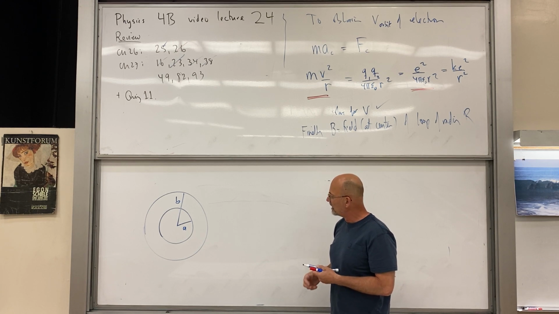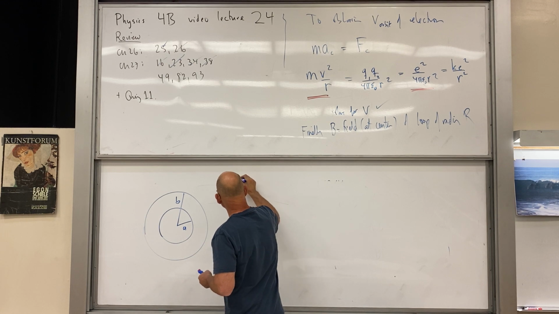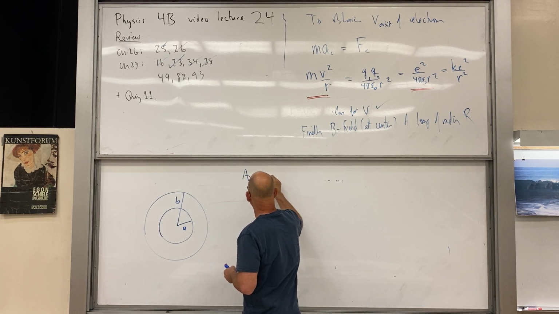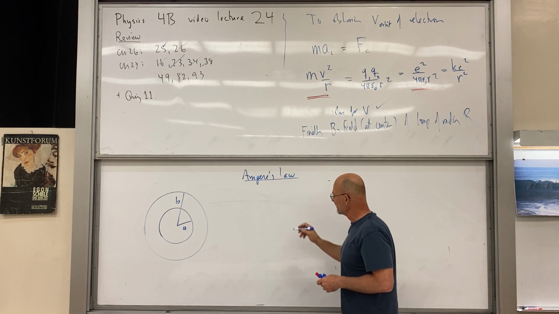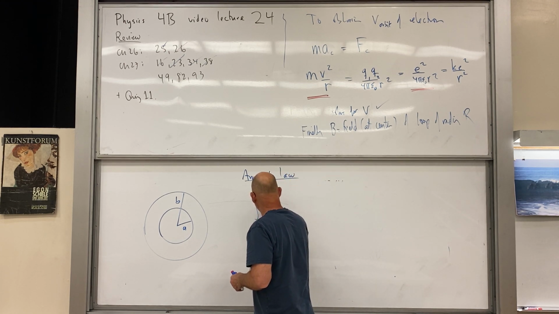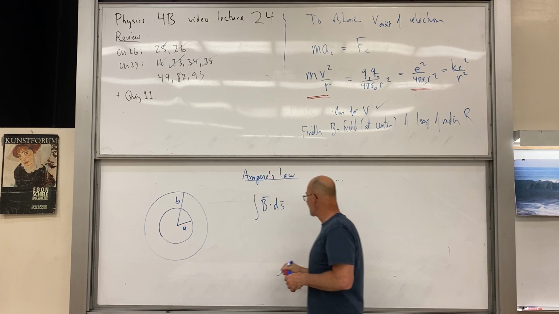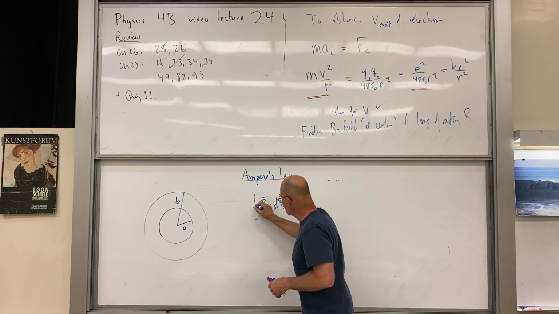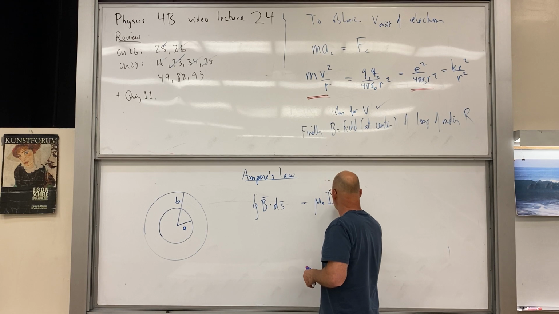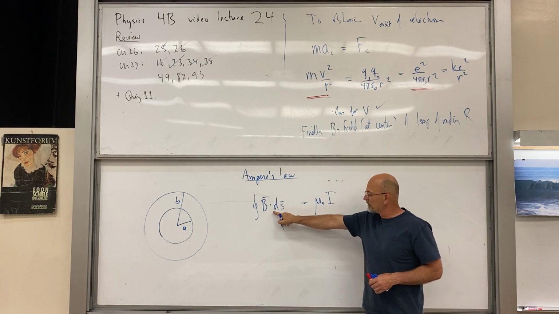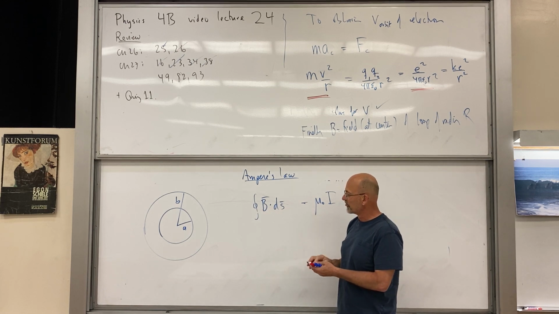So here's what we know. We have Ampere's law. Integral B ds, I'm using S this time, not R, closed contour integral, is equal to mu naught I that flows through the surface bounded by this curve.